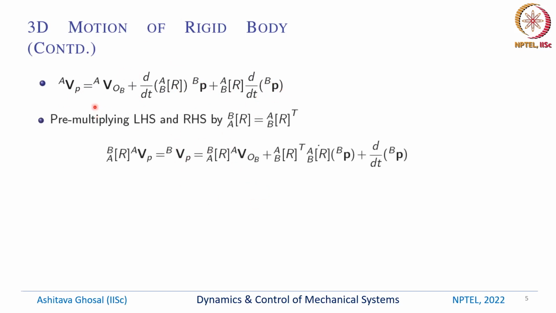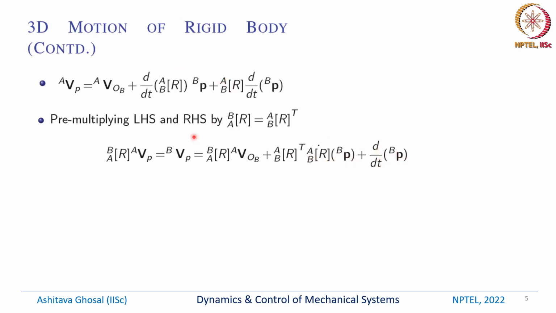So we can also pre-multiply this velocity vector by BAR. Okay, so BAR, so again the A and A will cancel in your mind. So we are left with the velocity of this point P in the B coordinate system, described in the B coordinate system. So if you go through the process, then you have BAR into AVOB, then ABR transpose ABR dot into BP plus d by dt of BP.